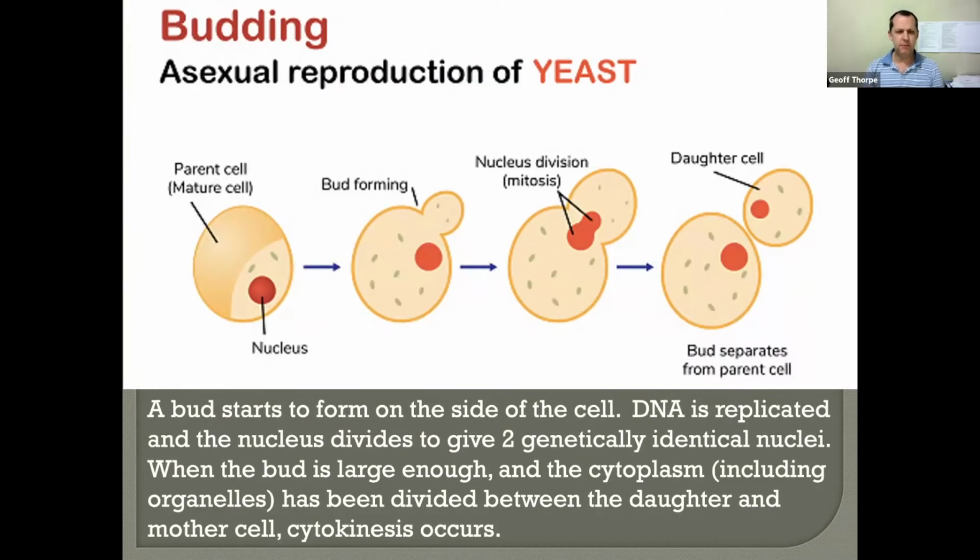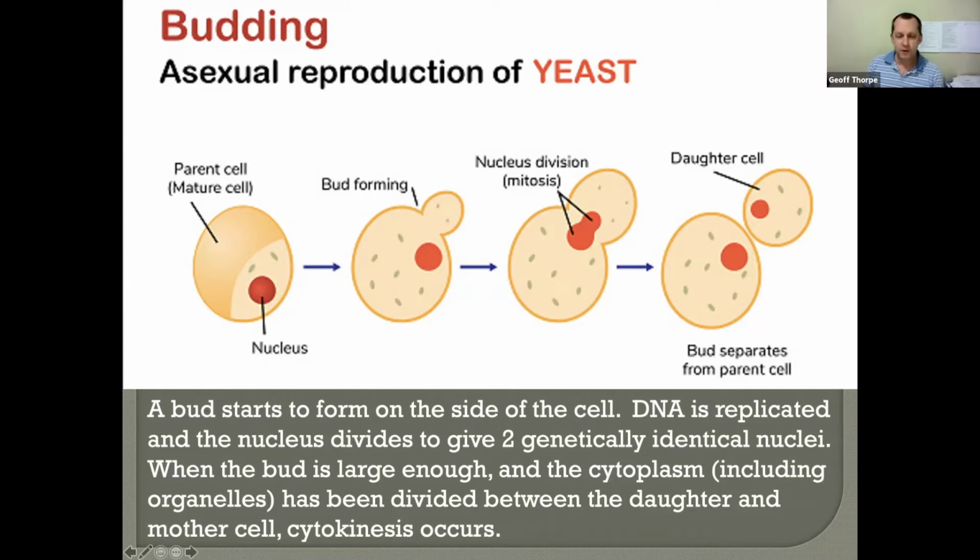So we'll have a bit of a closer look at budding. We'll just be starting off with a single cell. The red denotes the nucleus. Budding starts by basically a little lump forming on the surface, and it will grow. The nucleus will migrate to the division between the newly forming daughter cell and the parent cell.